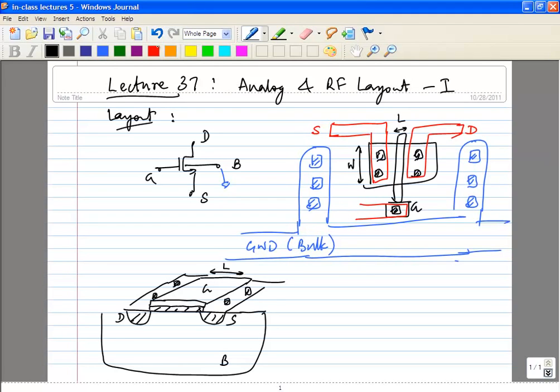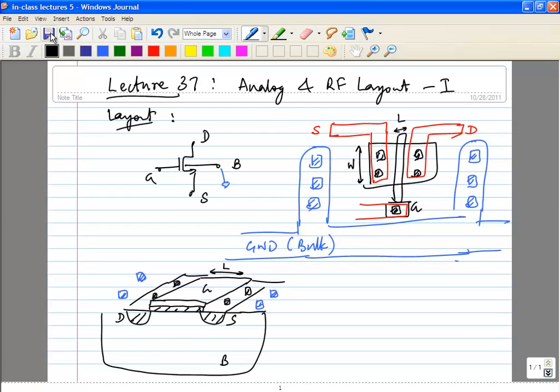So the side view kind of looks like that, and of course the bulk contacts you are putting on the sides, so this is where you put in your bulk contacts. Okay.